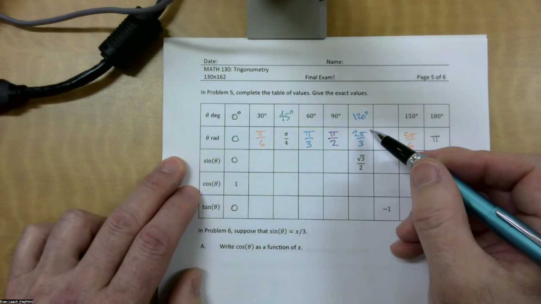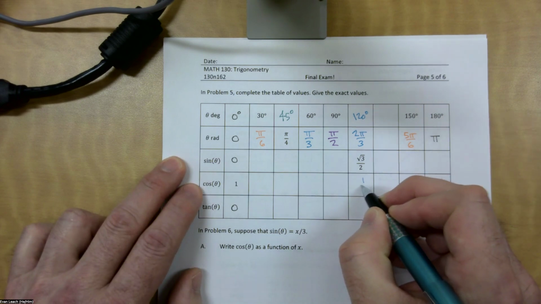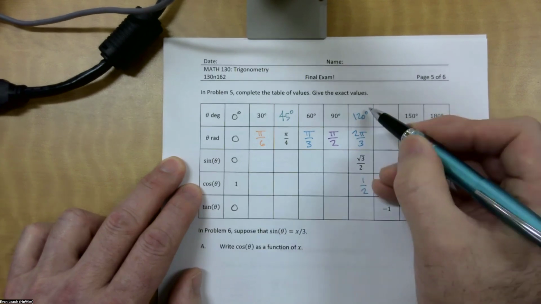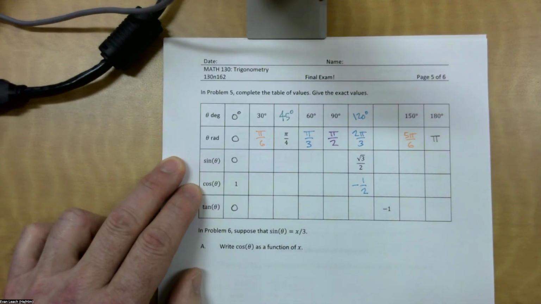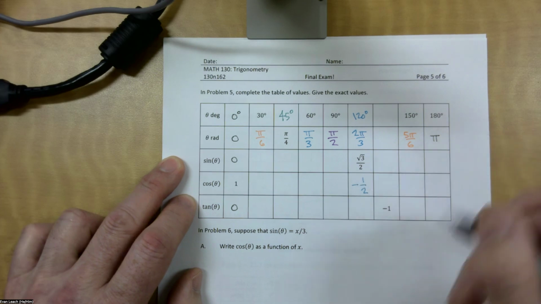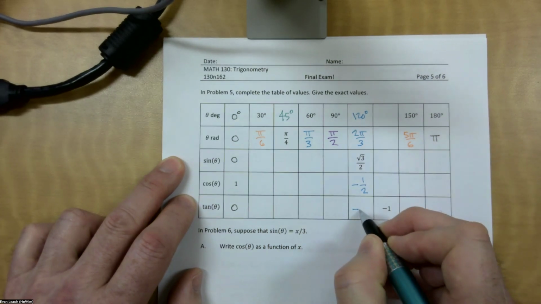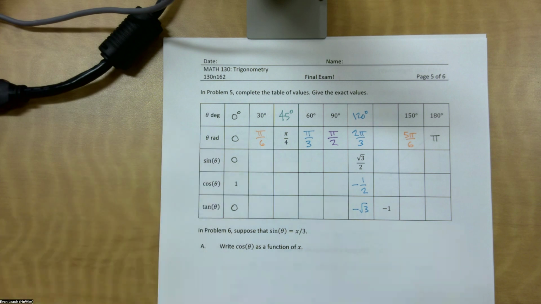If sine is root 3 over 2, then cosine is a half. Since we are in the second quadrant, cosine is negative. Tangent is sine divided by cosine, so root 3 over 2 divided by negative 1 over 2 is negative square root of 3. And so this is how we're going to play this game.